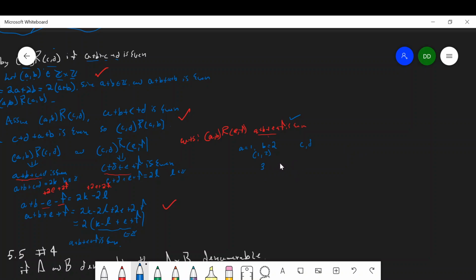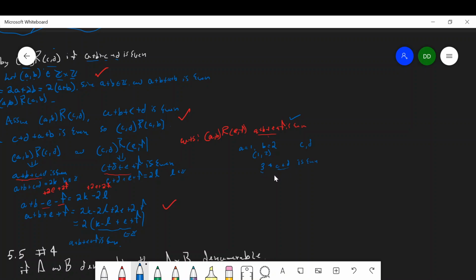And so if I want A plus B plus C plus D to be even, I need 3 plus C plus D to be even. So if C plus D itself is even, then I'll have an even plus an odd, which will be odd. So I really need C plus D to be even. Or sorry, I need C, wow, what did I just say?